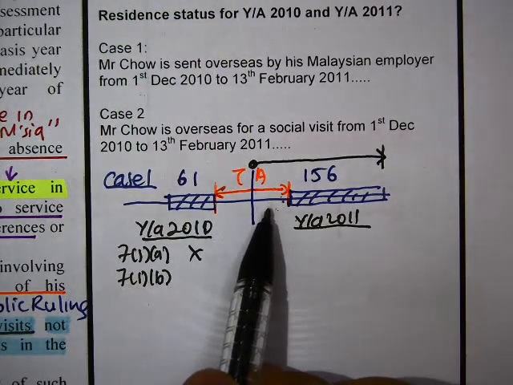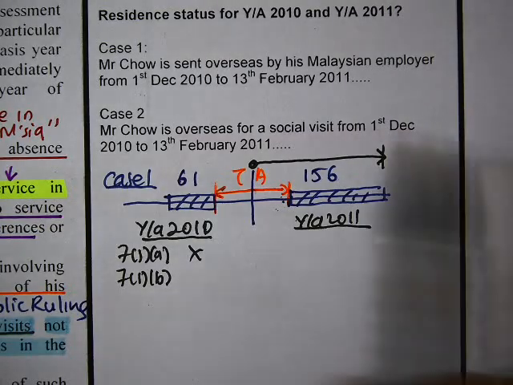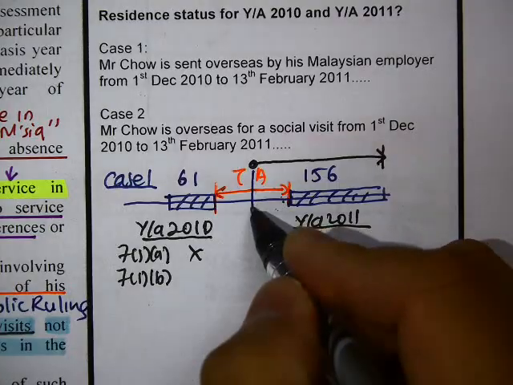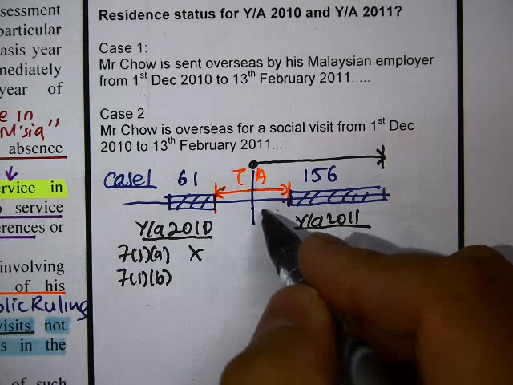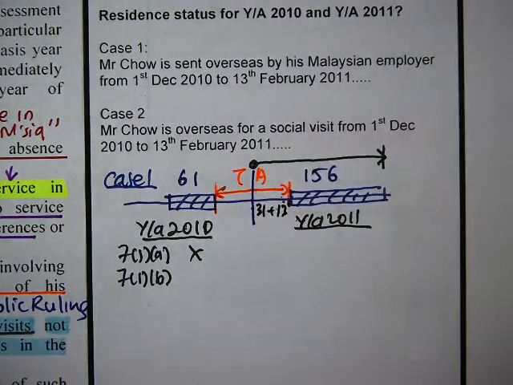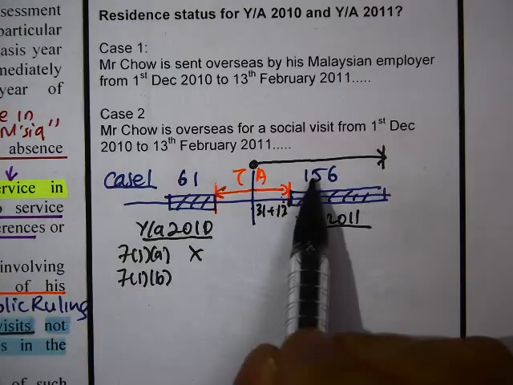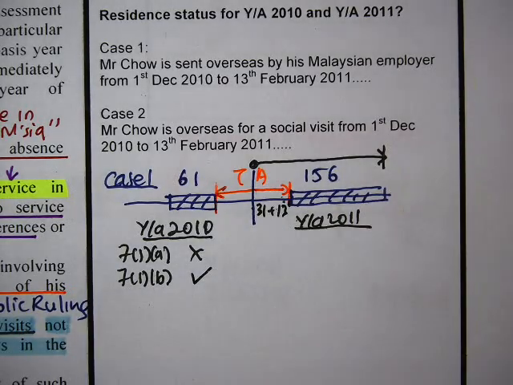You start counting from 1st of January until 13th of February, which is 31 days plus 13 days. So 31, 13, 156, you definitely have 182. You become a resident. Follow?